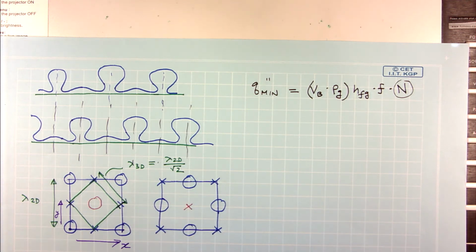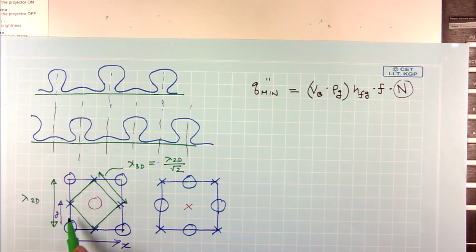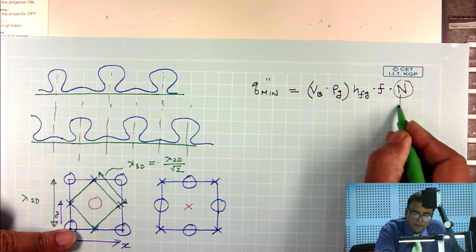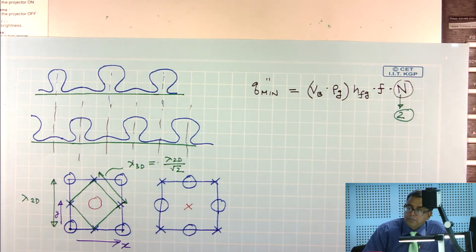So if you take this model of Cernas, then you are generating 4 bubbles per lambda 3D square or 2 bubbles per lambda 2D square. Okay, or in other words, this value of n is equal to 2. Make sense?